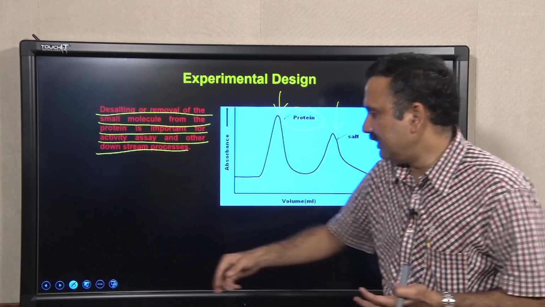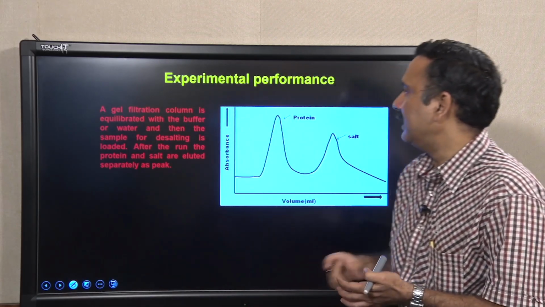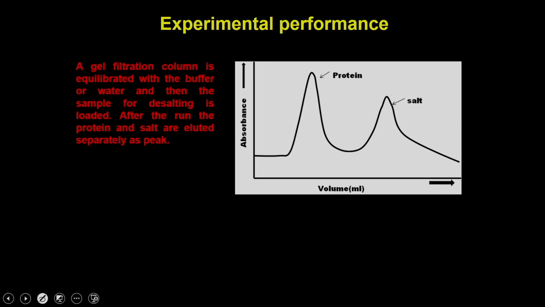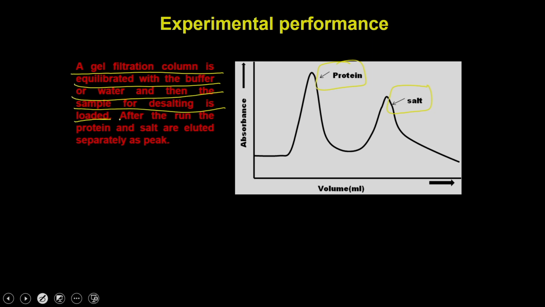So, when you load the sample onto the naphthalene desalting column, you can get the protein separate and the salt separate, because the gel filtration column is equilibrated with the buffer or water, and then the sample for desalting is loaded. After the run, the protein and the salts are eluted separately as peaks.